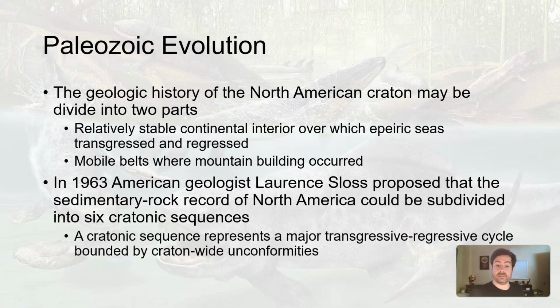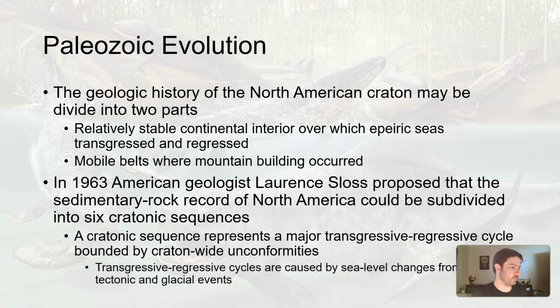A sequence is a transgressive regressive cycle. As the ocean comes in and goes out, that's one sequence. In and out, 2. In and out, 3. In and out, 4. There have been 6 major ones over North America, but during the Paleozoic there are 4. So we'll talk about 4 in this unit.